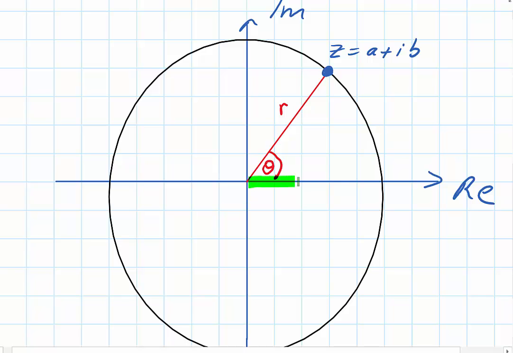You think of the connection between the old world of Cartesian form and the new world of polar form, and what connects the two worlds is this green triangle here. And we can put our old Cartesian coordinates on it, which are a across and b units up, and straight away you see we form a right angle triangle where a squared plus b squared is r squared.